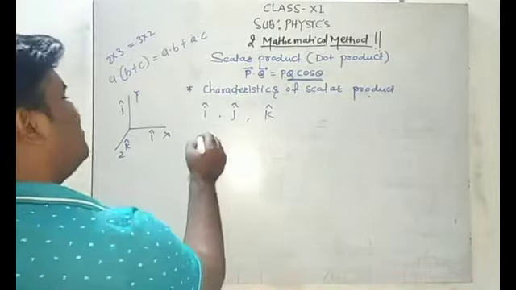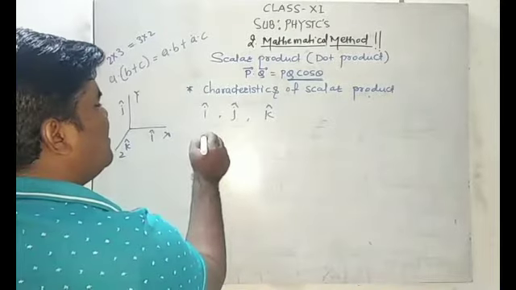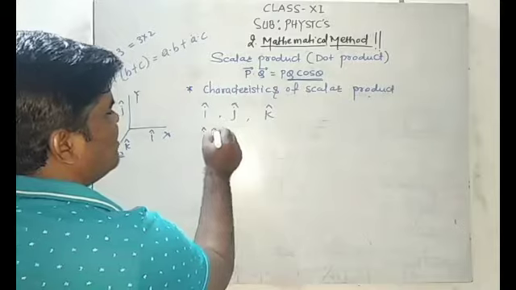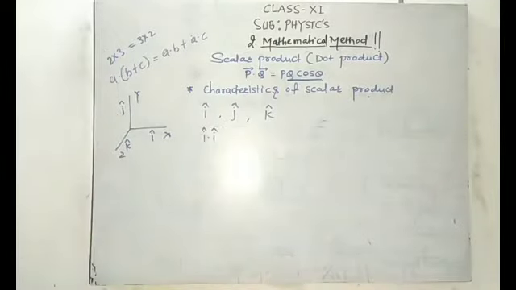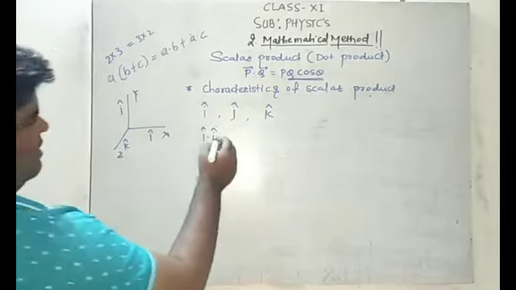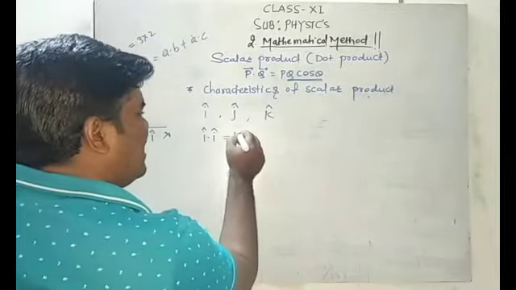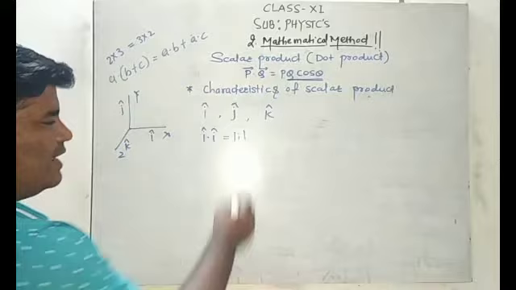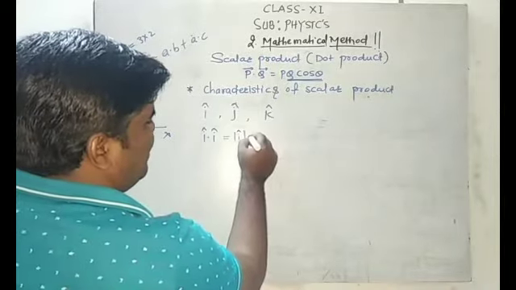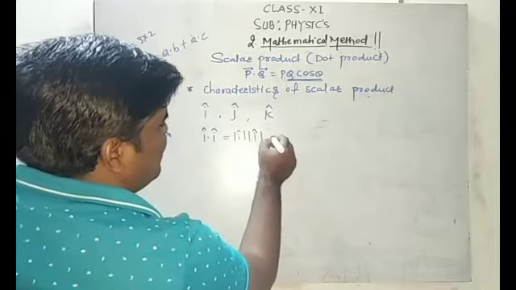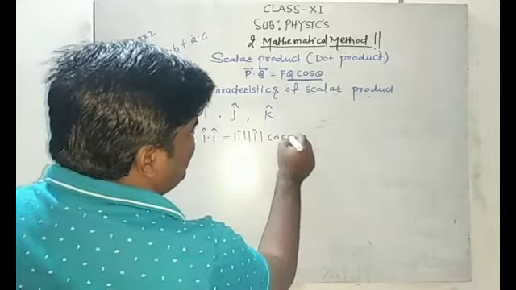So if we do the dot product of two same unit vectors, i cap dot i cap, then what is the result? Magnitude of i cap multiplied by magnitude of i cap and cos of theta.